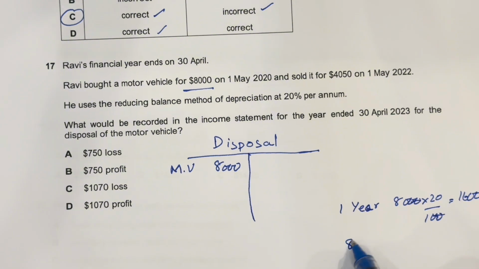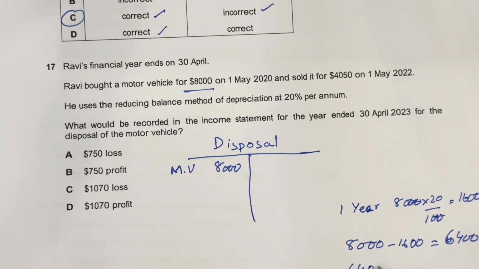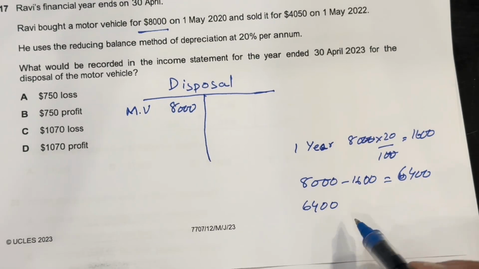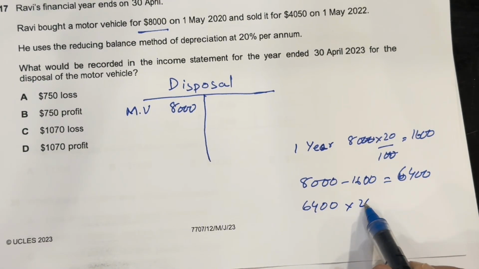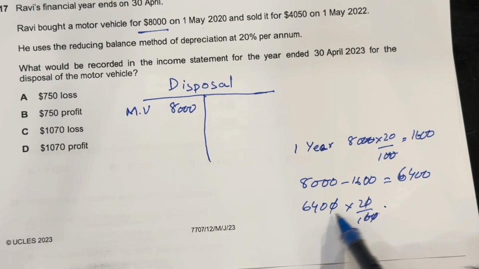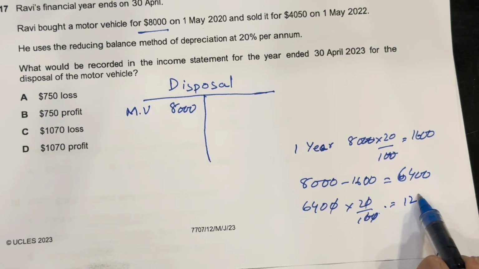It's a reducing balance method. Net book value would now be 6400. We have subtracted the first year depreciation from the historical cost. Now I'm going to calculate the depreciation for the second year as well. 6400 times 20 over 100, and the answer would be 1280.